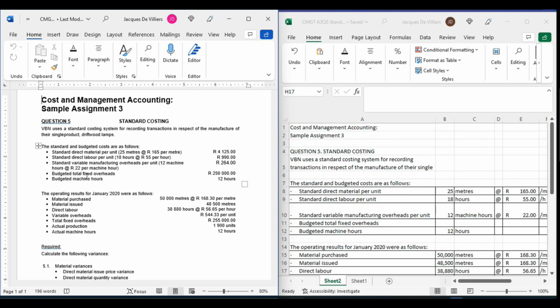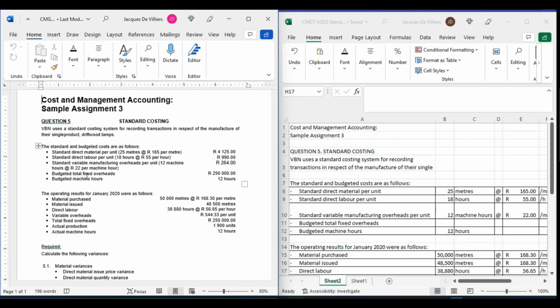The variable overheads was 544.33 per unit. The total fixed overheads was 250,000. The actual production, this is really important, we're going to use that number a number of times, is 1,900 units. And then the machine hours is 12 hours as was expected.